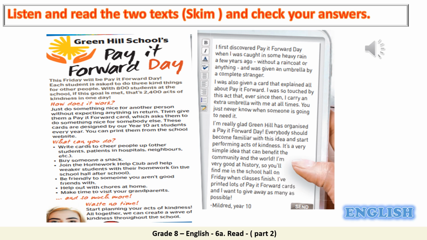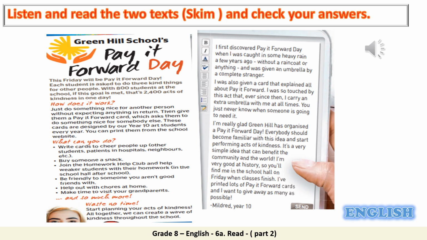How does it work? Just do something nice for another person without expecting anything in return. Then give them a Pay It Forward card, which asks them to do something nice for somebody else. These cards are designed by our Year 10 art students every year. You can print them from the school website.